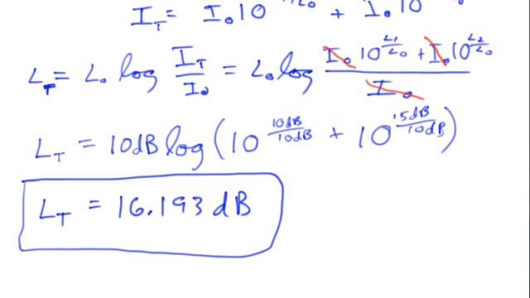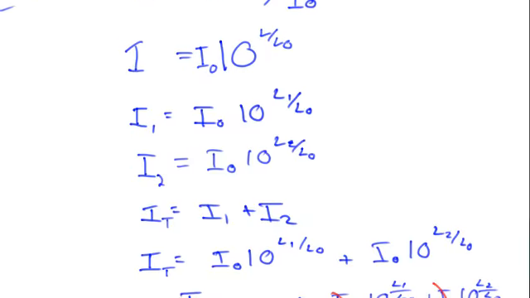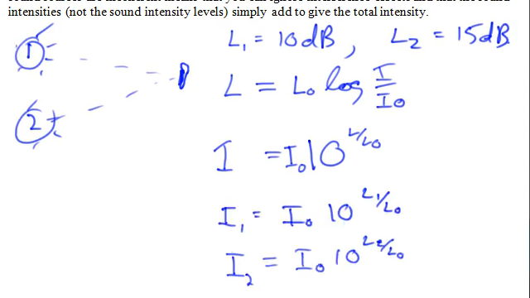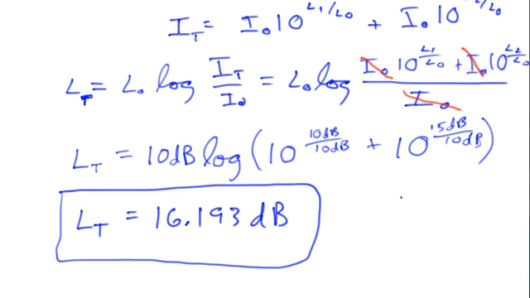The result makes sense. So what we're saying is the two sources together are louder than either one, but not really much louder than the 15 decibel one by itself. And I think that's about all I could check, that it should be greater than 3 more than the 10 decibels.